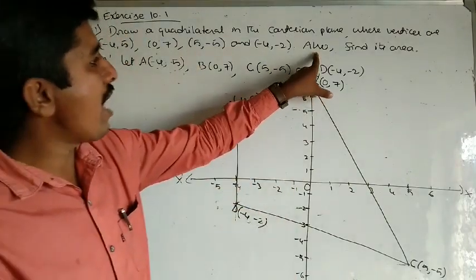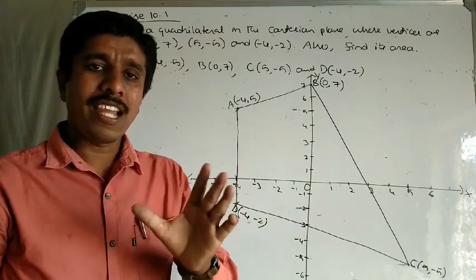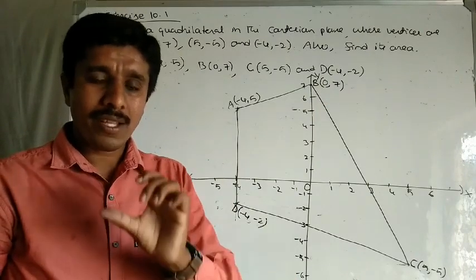Now, the second part: also find its area. Find the area of the quadrilateral. We know the area of quadrilateral formula. Directly I am going to find the area of the quadrilateral by using that formula.